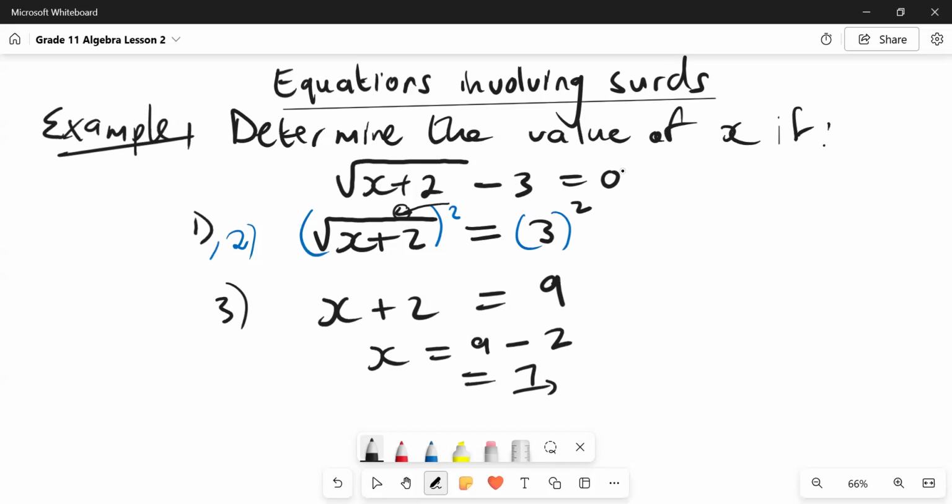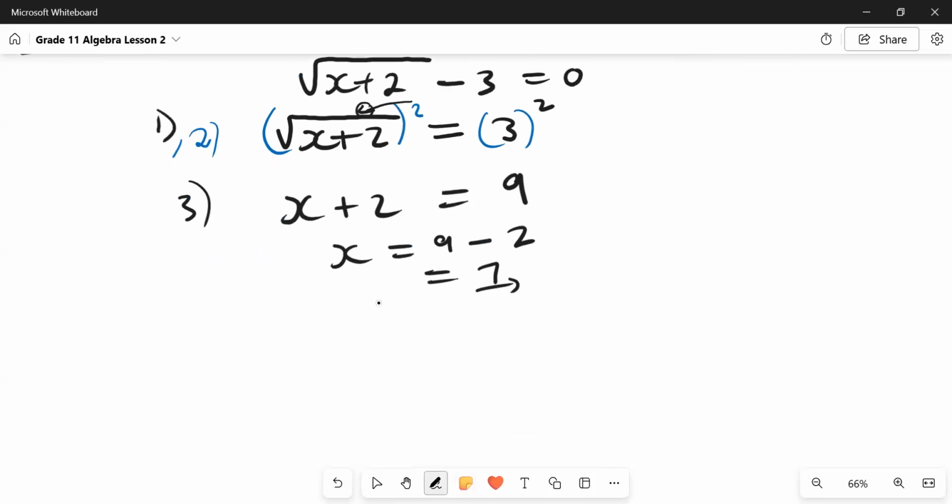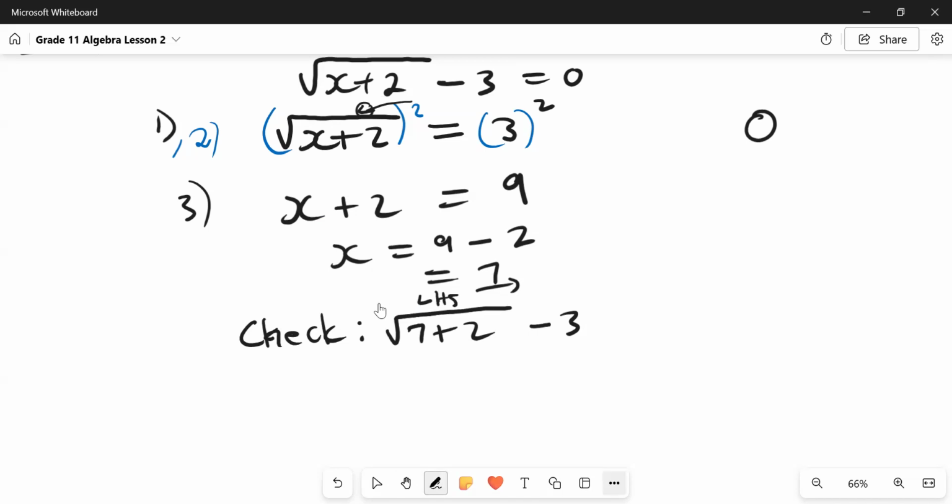Perfect. Now, after getting that answer, you have to check your answer. Let's check our solution. So you have your square root of 7 plus 2 there and minus 3. Remember our right hand side is 0, so let's work with the left hand side expecting 0.